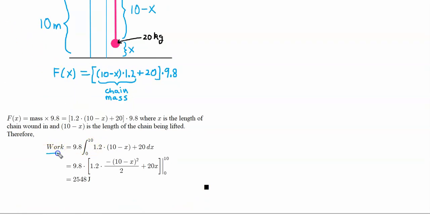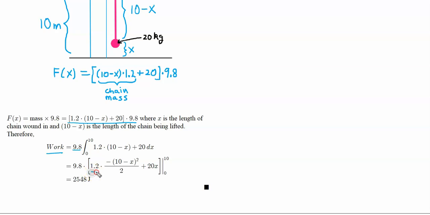You see right here we have the work. We factor out the 9.8 from our force function, in fact, we can factor the 9.8 in front of the integral. Integrate from 0 to 10 of what's remaining, 1.2 times (10 minus x) plus 20, dx.